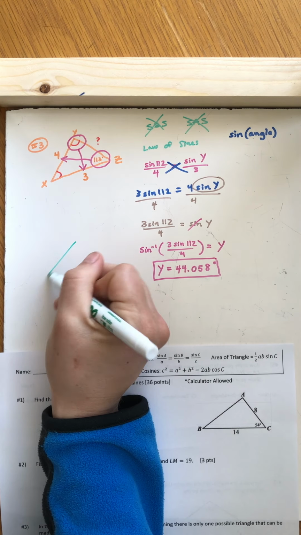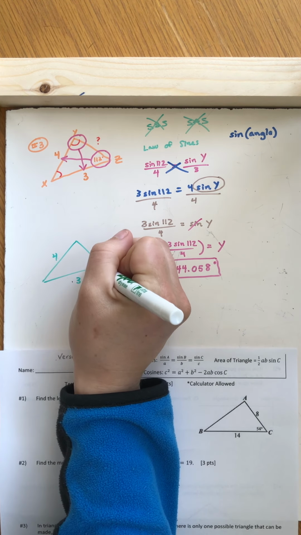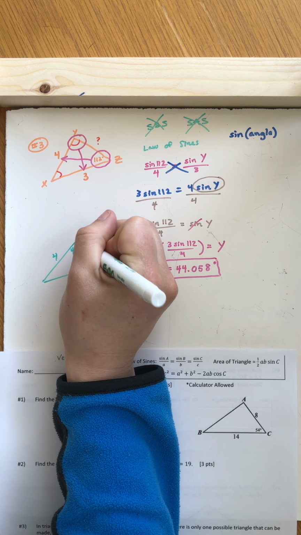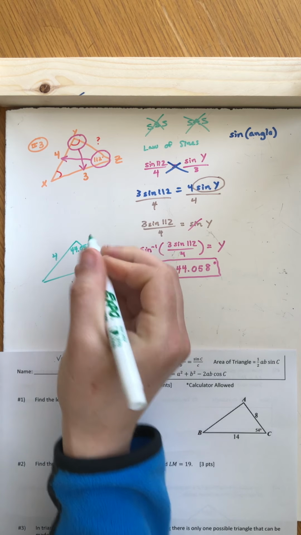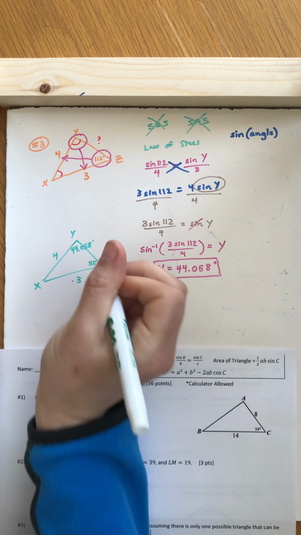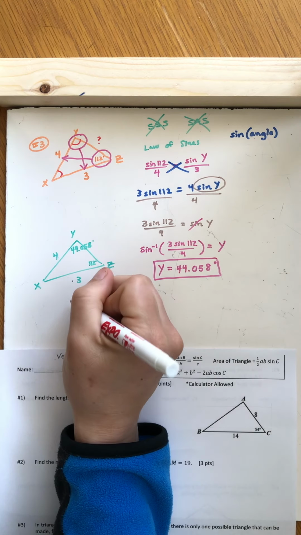Now for this triangle, I still have my 4, my 3, 112 degrees, and I also have 44.058 degrees for angle Y. So to find angle X, we know that a triangle has 180 degrees in it.